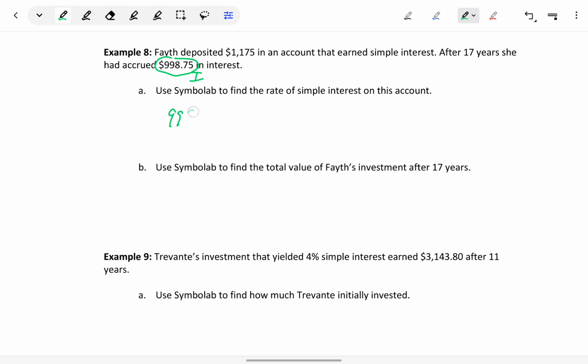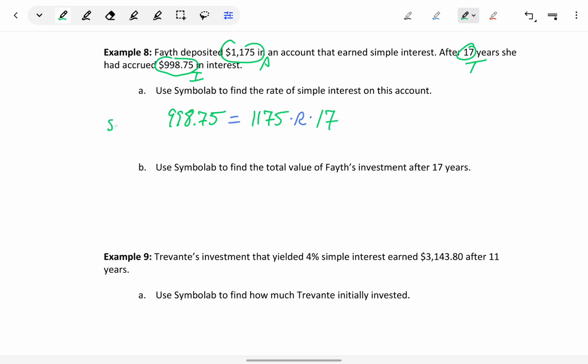So that will be $998.75, set equal to the principal that she invested, $1,175, and we know the time, T, but what's missing is the interest rate, R.